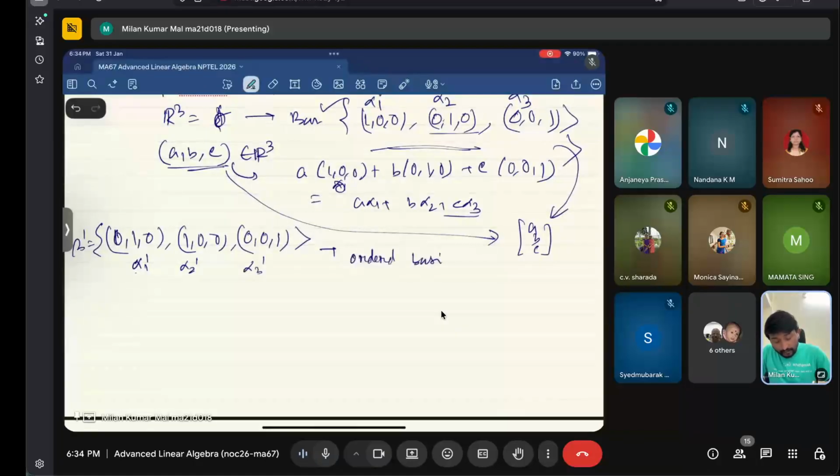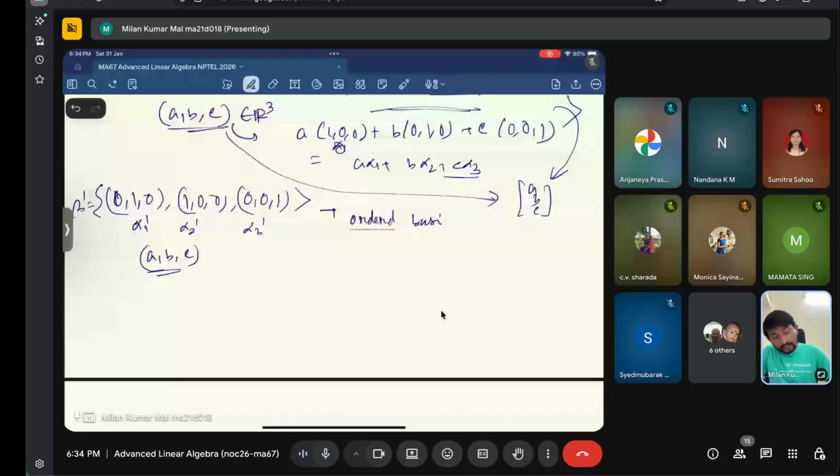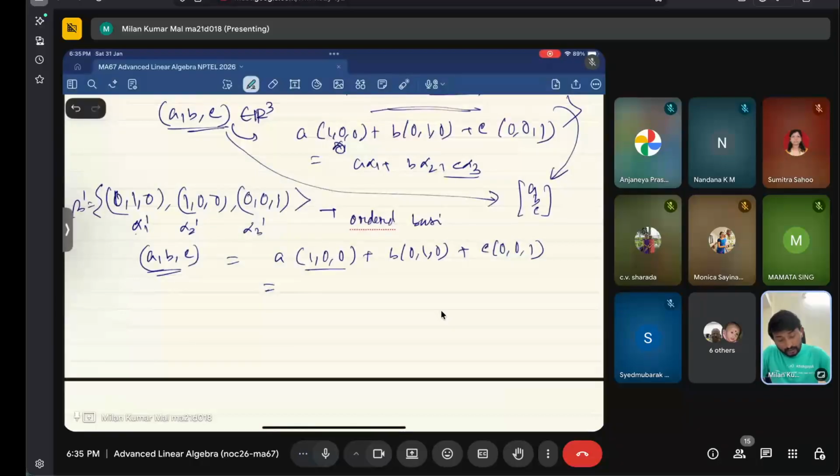So in that case, if you want to write ABC, how will you write it? You write A times 1 comma 0 comma 0, plus B times 0 comma 1 comma 0, plus C times 0 comma 0 comma 1. But right now 1 0 0 is no longer the first entry of the set; it is the second entry. So it is A alpha 2 dash plus B alpha 1 dash plus C alpha 3 dash.